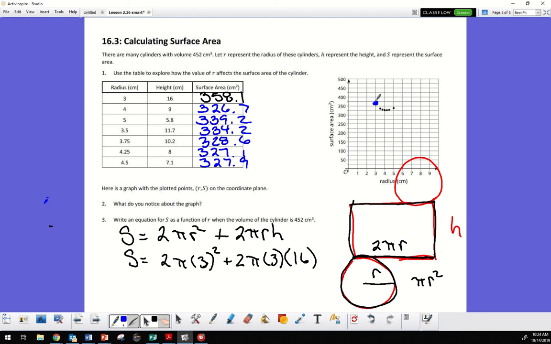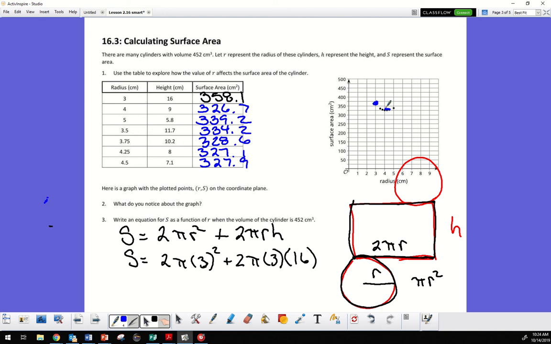You're trying to maximize the amount. You want this to cost the least and get the most out of it. We want to put the most cookies in it, and have it cost the least. That's what we're looking for here. And it happens right about in the 4-ish area, right about here. That's the lowest point, so that means it's going to be the least amount of surface area.